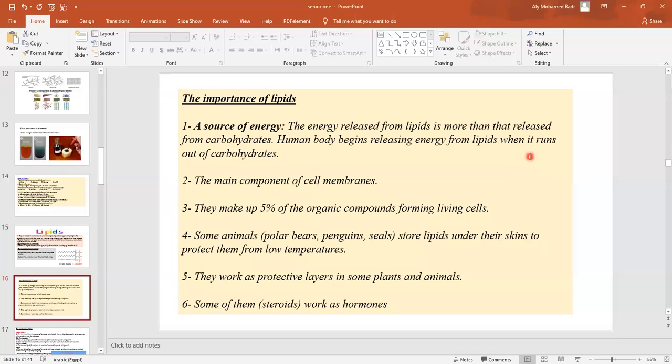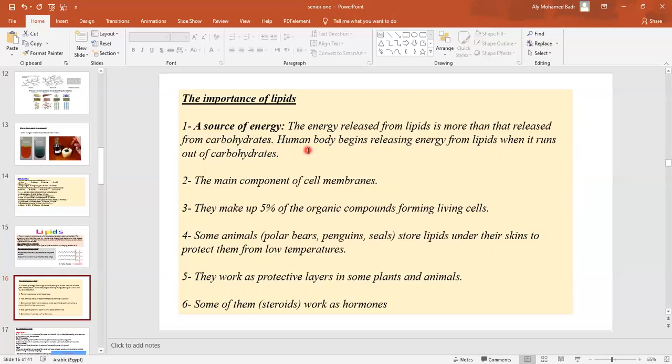If we eat 3 grams of rice and 3 grams of fats, which one will release more energy? Of course, the 3 grams of fat. I get my energy fastest from the rice, while I get more energy from the fats.